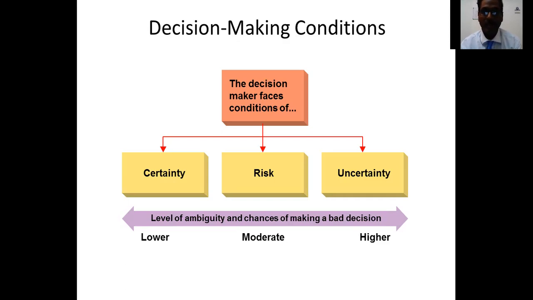The decision maker faces conditions of certainty, risk and uncertainty. On the left-hand side, certainty, the level of ambiguity and the chances of making a bad decision are lower, and it moves on to the other side, where it becomes more ambiguous.